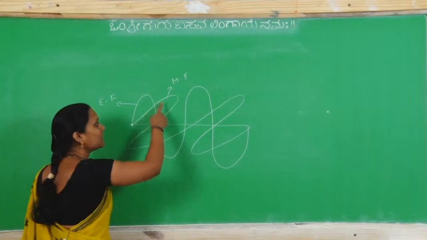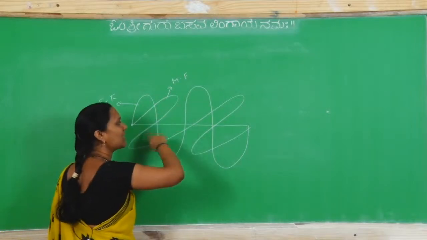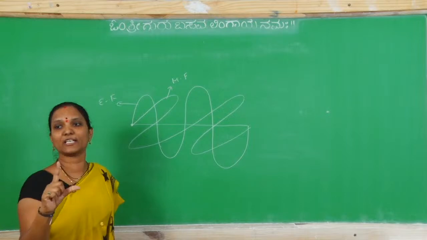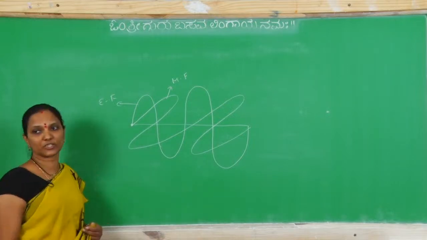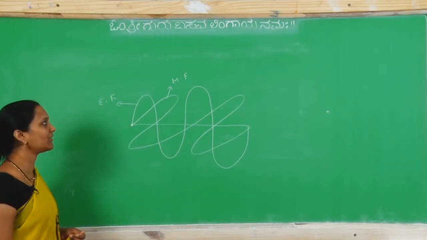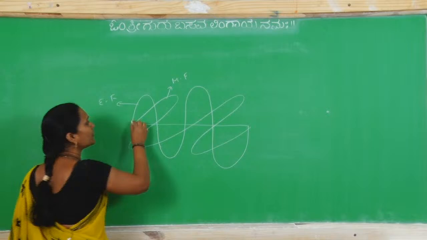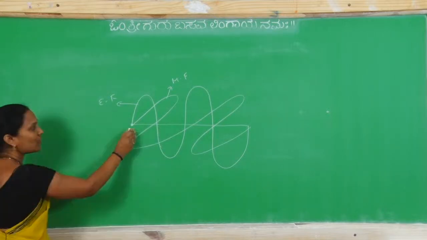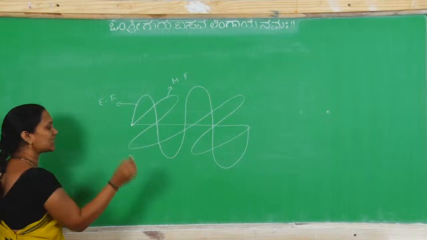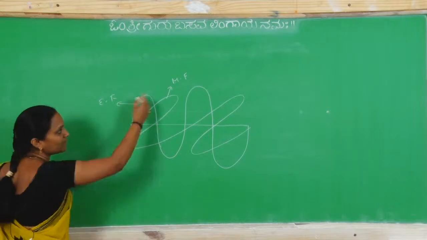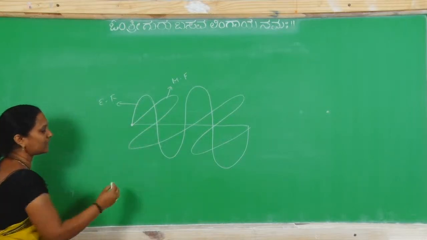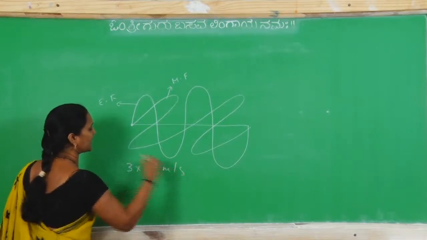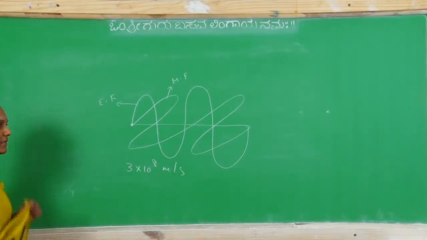Now this electric field is in the form of a wave, and the magnetic field is also in the form of a wave. These two are perpendicular with each other and both propagate with the same speed, that is equal to the velocity of light. The velocity of these electromagnetic radiations is equal to the velocity of light, 3 into 10 power 8 meter per second.